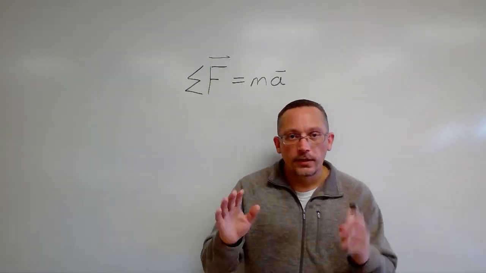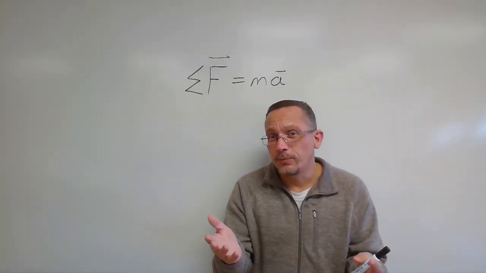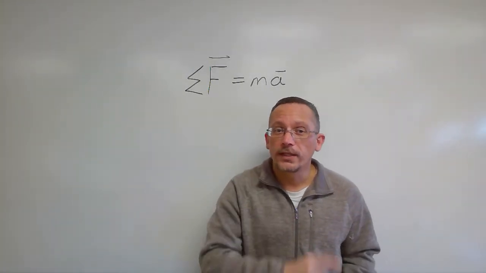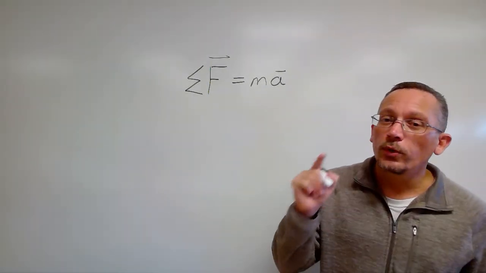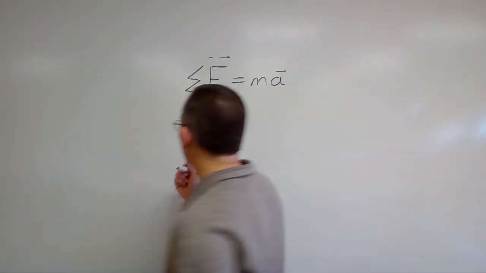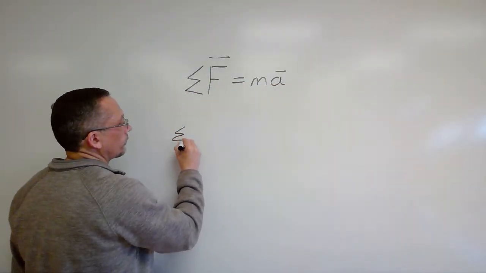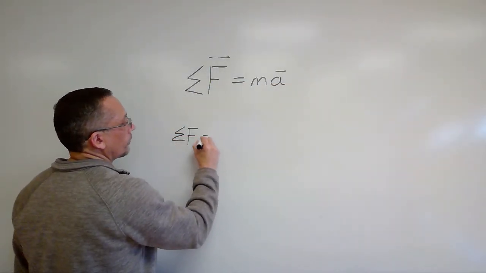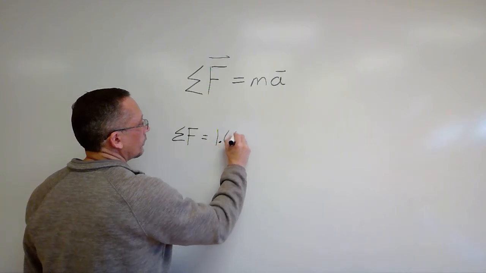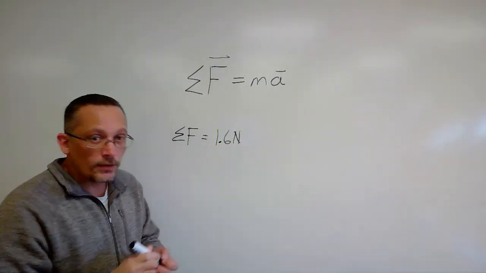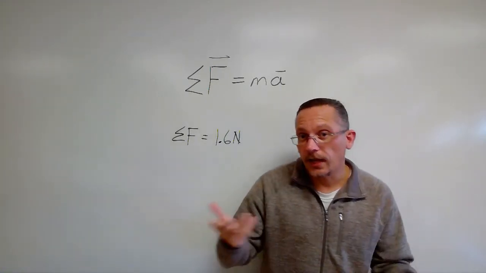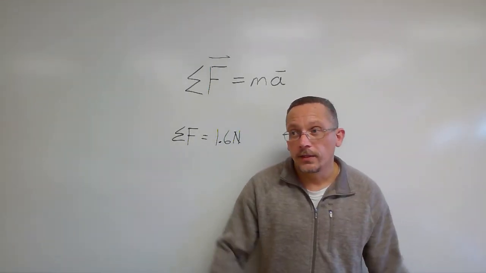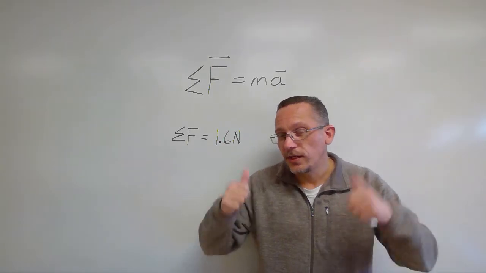Okay. Now, this is a really easy problem because they told us what the net force was. They told us the net force acting on the book was 1.6 newtons. They may very well tell you a whole bunch of different forces, and then you have to add them up, right? If they're all in the same direction, that's great, that's easy.